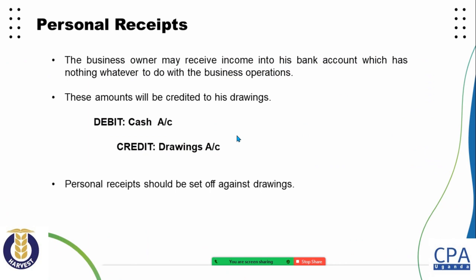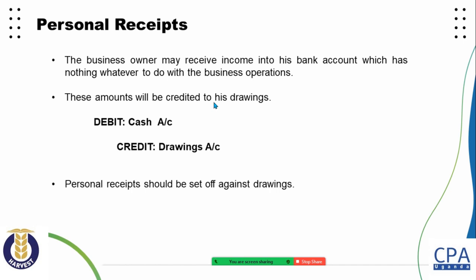There is a case where the owner of the business may receive money, which we may call personal receipts. These must not be included in the receipts or revenues of the company. On the slide, we are saying that the business owner may receive income into his bank account which has nothing whatsoever to do with the business operations.